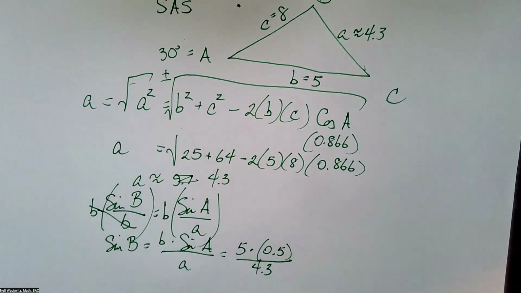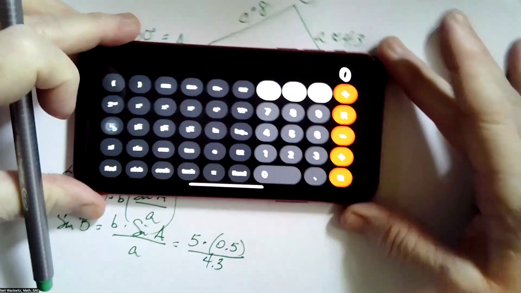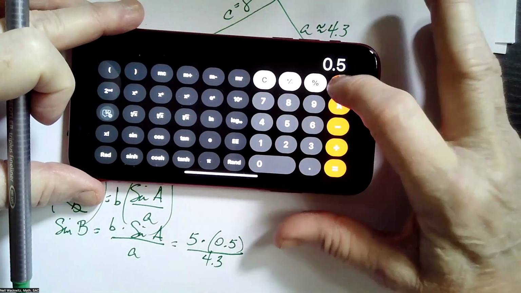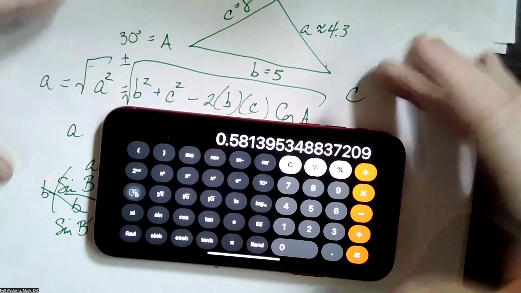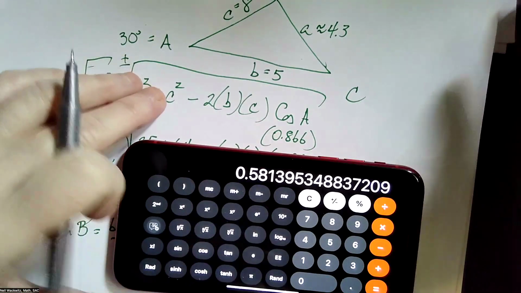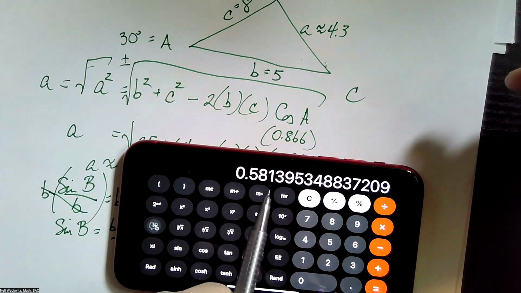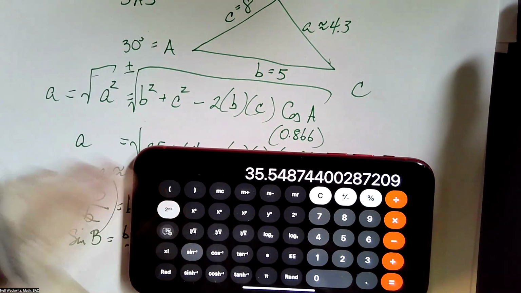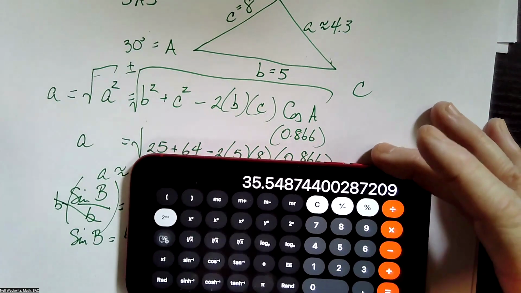So now I can find the sine of b. Let's see. 5 times 0.5 divided by 4.3. So the sine of b is 0.58139, etc. And so b is approximately 35.5.